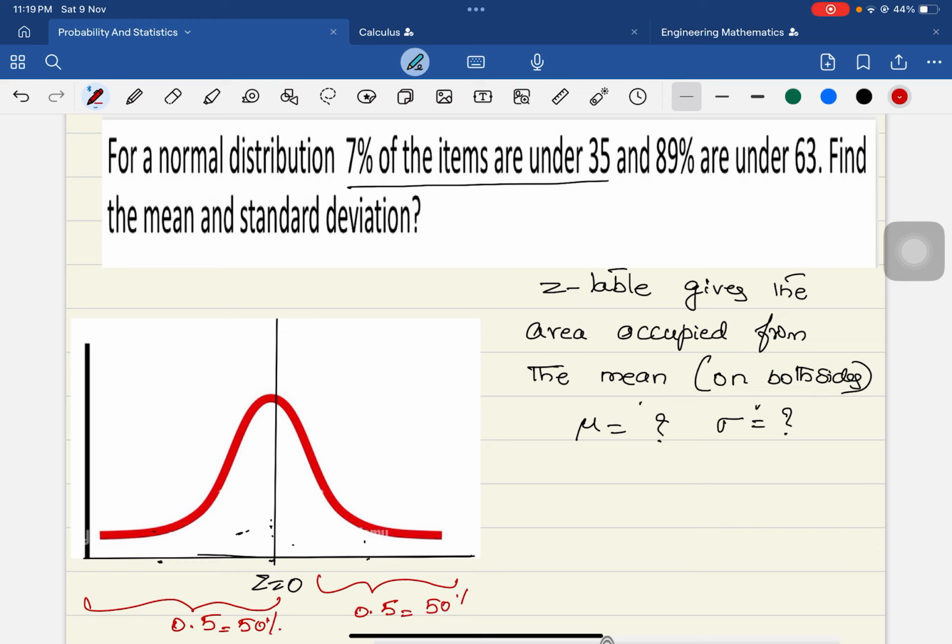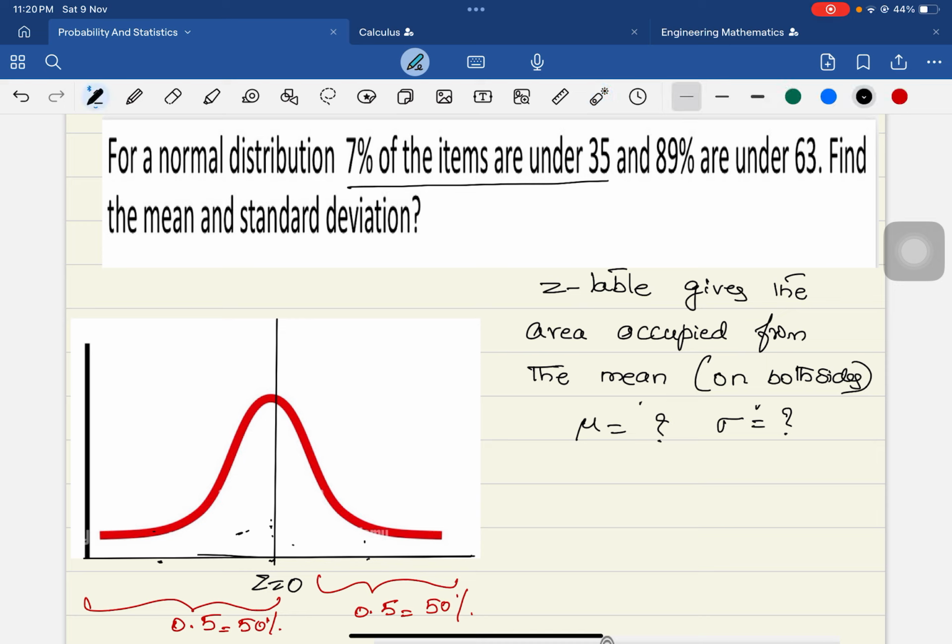Now, when I say 7%, or 30%, or 40%, or 50%, up to here. When I ask about 60% of the region, it means from here to here, 70% from here to here, 80% from here to here, and it goes on like that. You should understand that first.